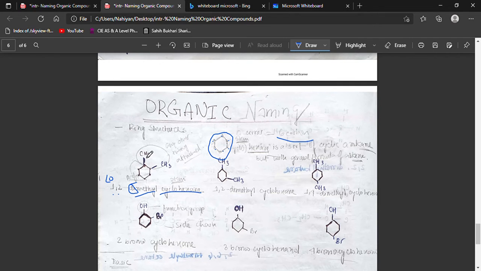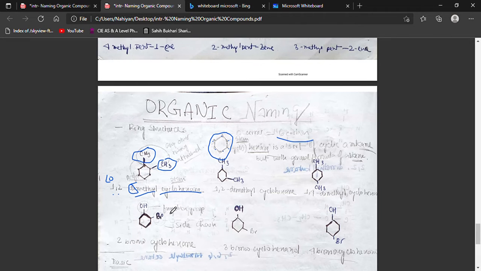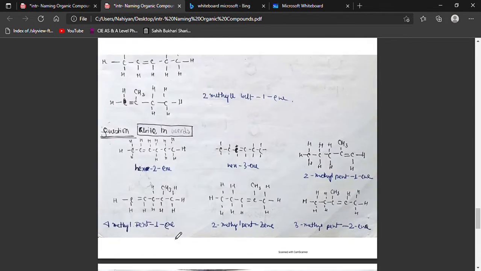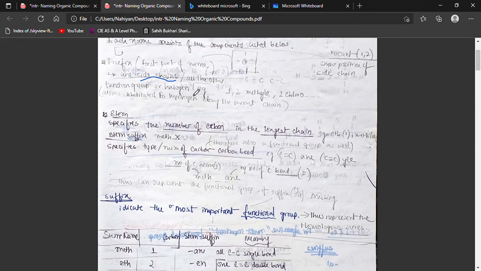So this methyl is the side chain. These are the side chains. This could be other functional groups, or other things such as this Br, bromo. You see, it gets in the front of the name. So that's the prefix. It could be other functional groups, not the main functional group, or halogens, or anything other than hydrogen that is substituted in the parent chain.